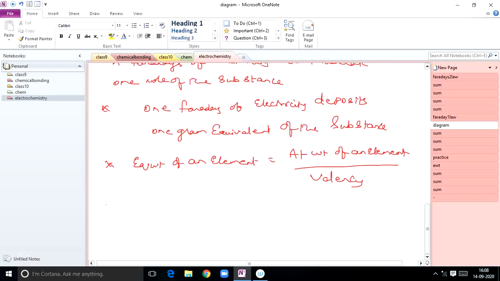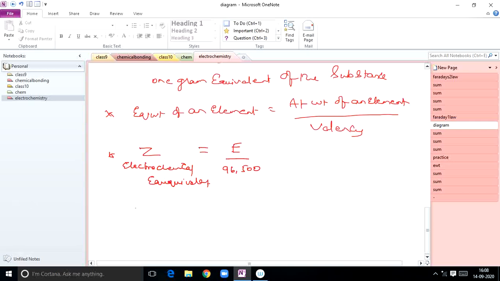And one more point here, the relation between electrochemical equivalent and equivalent mass. Z means, as you already know, the electrochemical equivalent of a substance. Z is equal to capital E by 96,500, where capital E represents the equivalent weight of a substance. So electrochemical equivalent is equal to the equivalent weight of the substance divided by 96,500, that is 1 Faraday.